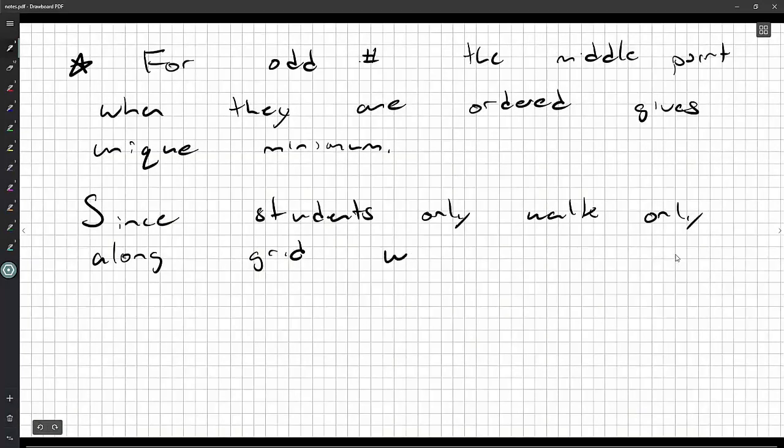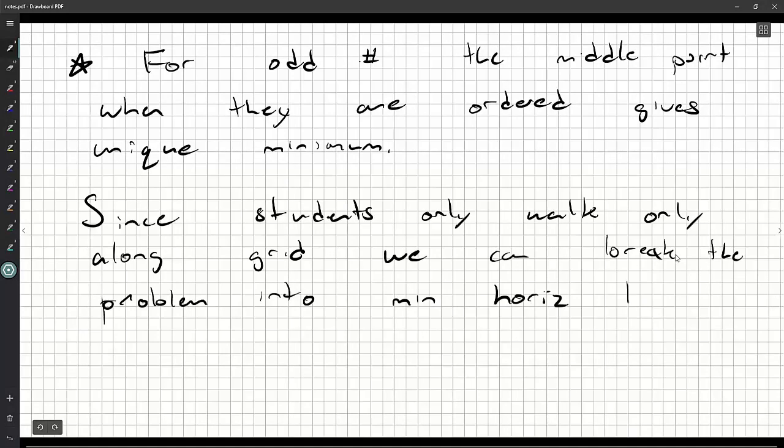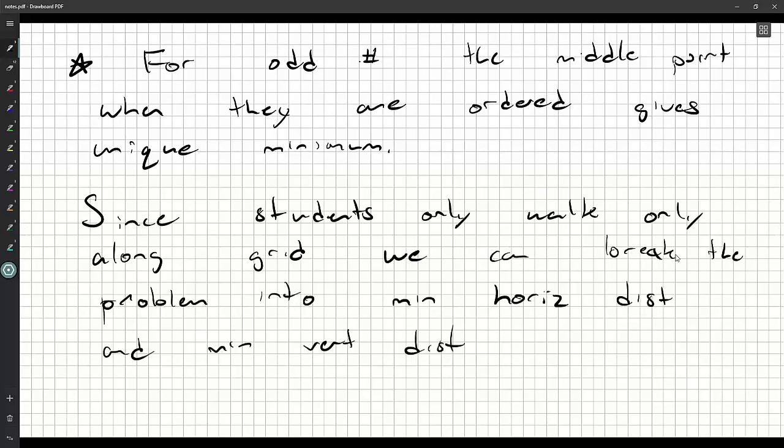Only walk along the grid, we can break the problem into the minimum horizontal distance and minimum vertical distance. I don't think this needs to be justified. If you wanted to give a sentence or two justifying it, you go right ahead. You could even talk about the taxi cab metric if you know that. But I think it's obvious. It's a grade 10 paper. Don't worry yourself too much about this.